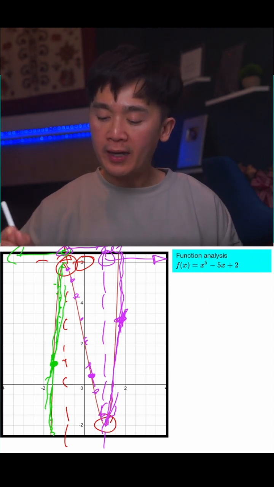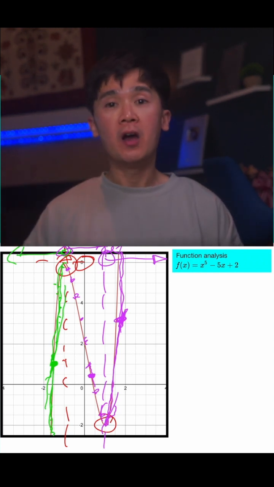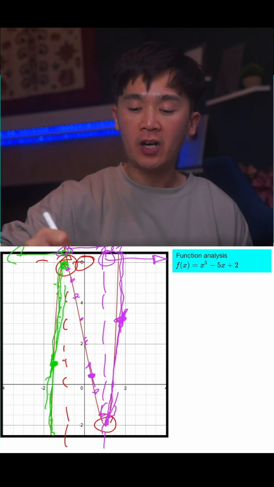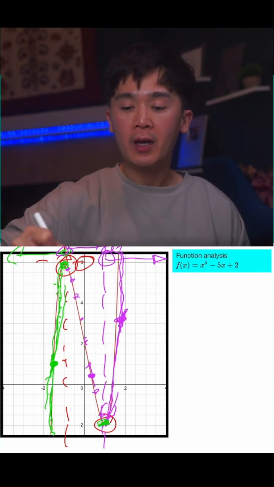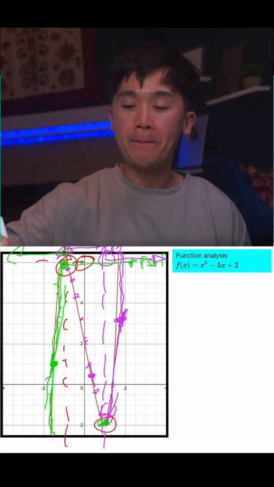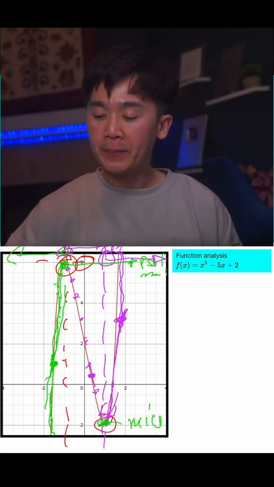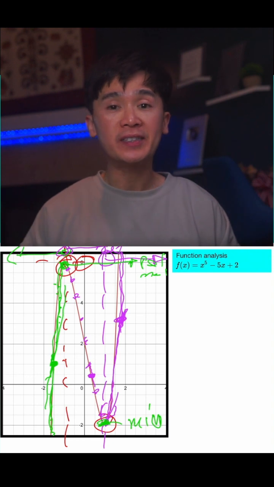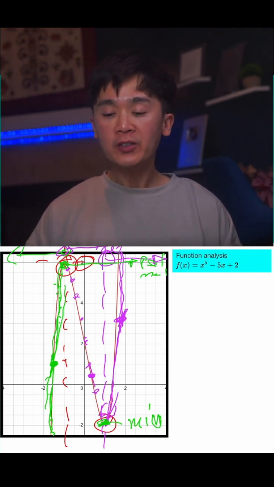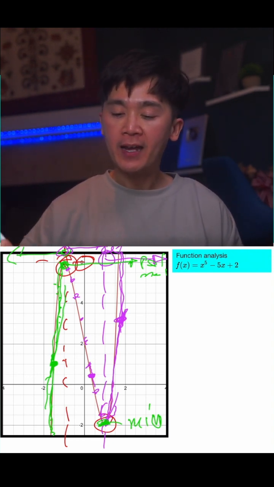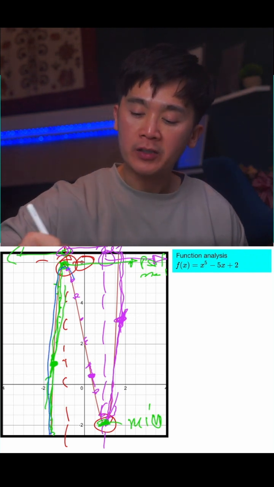Another thing that we can observe in this particular function is the presence of the relative extrema. We know that this is the relative maximum, and this is our relative minimum, based on the vertices that we're seeing in our graph. Also, we can see the concavity of our function.